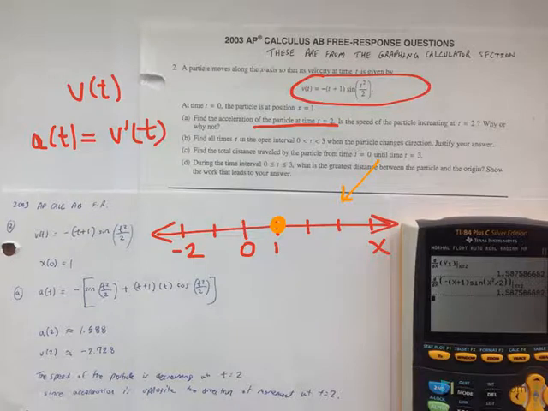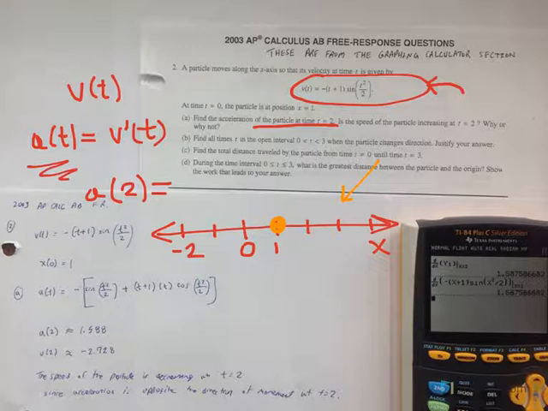But notice that we are not actually asked to find the acceleration function. We're only asked to evaluate the acceleration function at time t equals 2. And since this is a graphing calculator problem, you should go ahead and enter the velocity function into your graphing calculator, and you can ask your calculator to find the derivative of the velocity function at time t equals 2, and that would be the acceleration at 2.